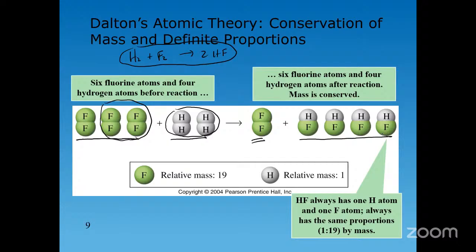All right? So basically, the conservation of mass law is understood based on this particular theory, because the atoms are not created nor destroyed. The same number of atoms of each element is present before and after the reaction. And that includes the molecule that did not react. All right? Okay, so that's as far as that is concerned.